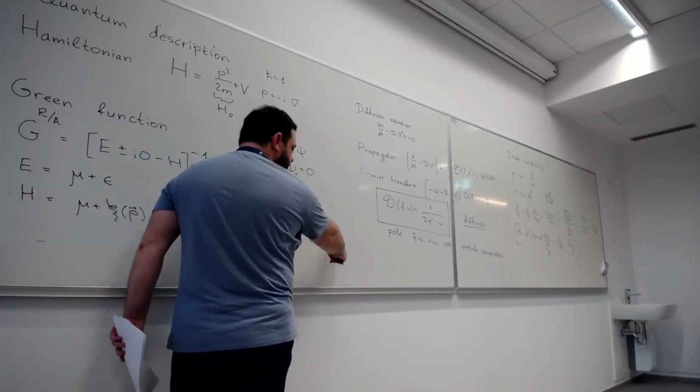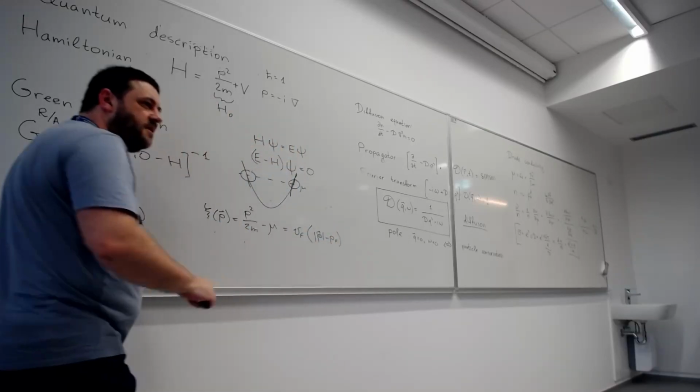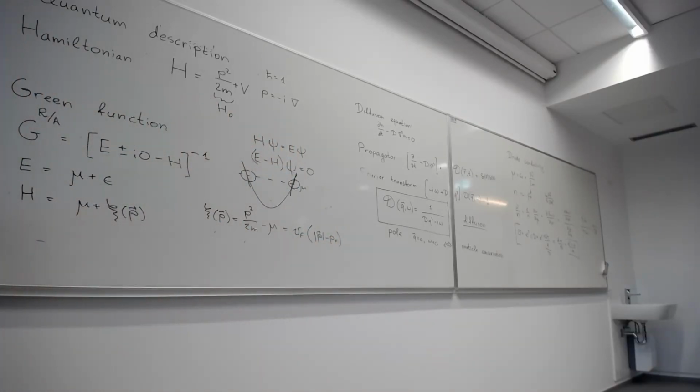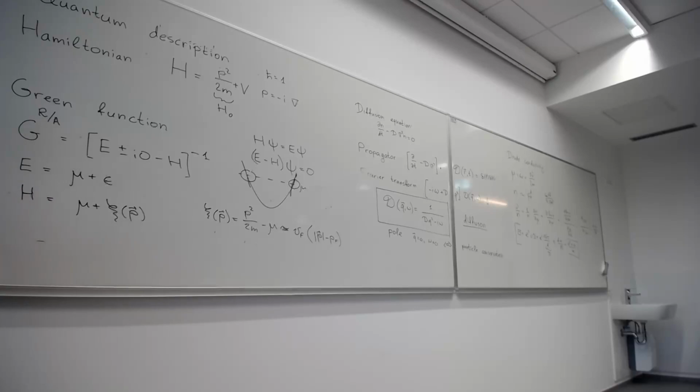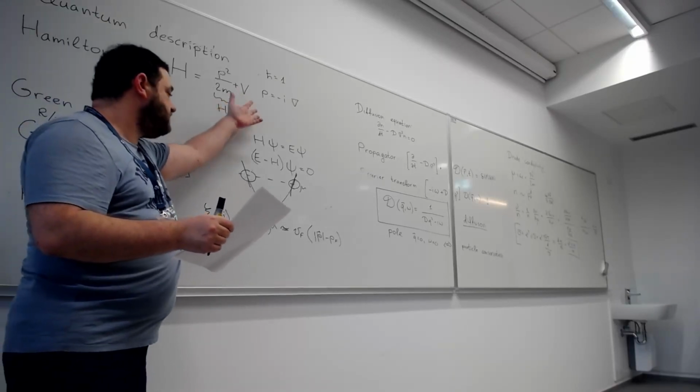So it's the absolute value of p minus p Fermi times v Fermi. This is approximate. And this actually applies to H0, right? And the part with V is the same.